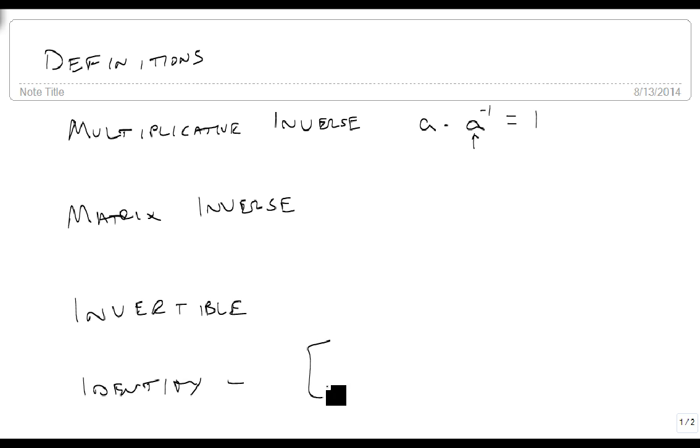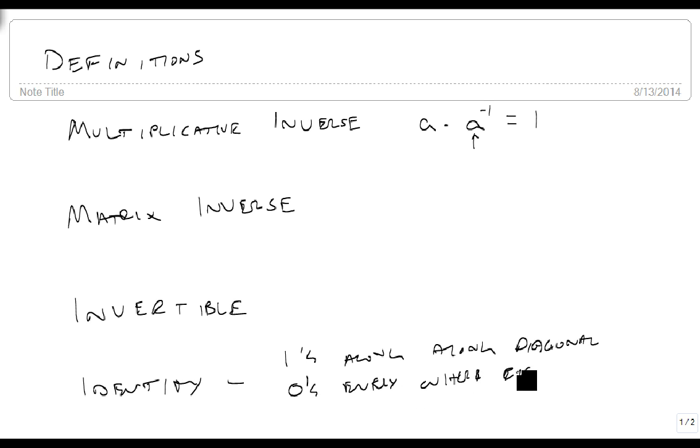The identity matrix is defined as ones along the diagonal and zeros everywhere else. And in particular, this has to be a square matrix. And it says that it's in reduced row echelon form, and every row has a leading 1.